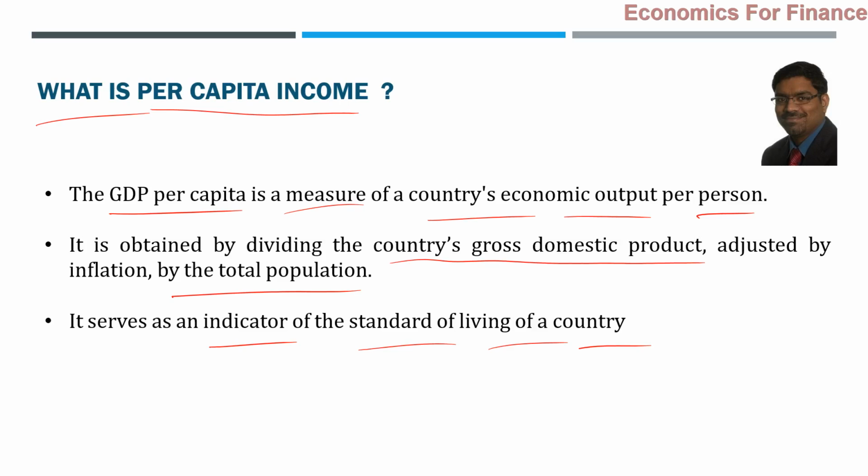No, not necessarily. Maybe a lot of people are earning much less than that, and some people are earning much more than that. But when averaged, that gives an average per capita GDP. So that is an indicator. We cannot say it is a useless indicator, but at the same time, we have to be careful. It is not something that really reflects the ground reality.